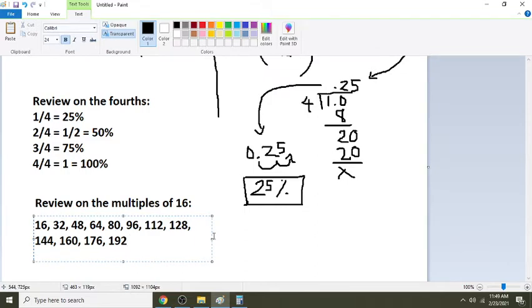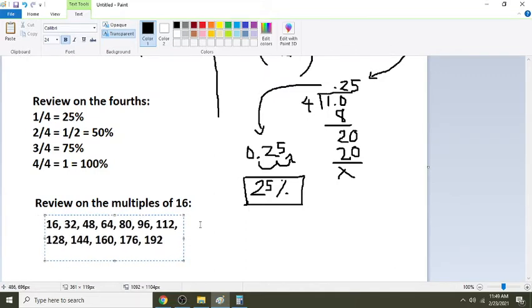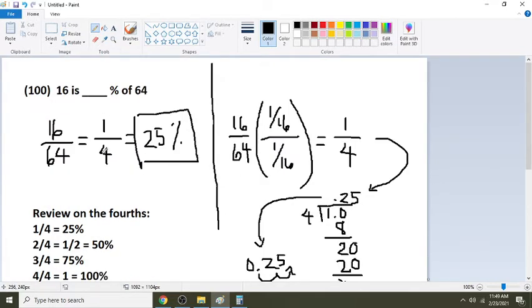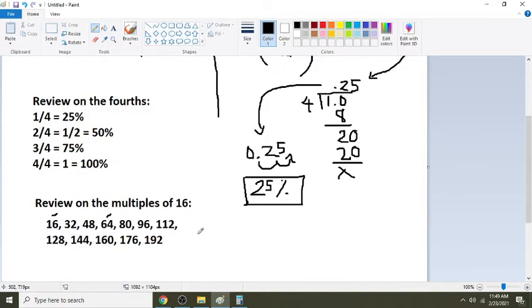Just squeeze it in so you get the fives. Okay, that will be good. So that's how you see it. You get the 16 here, and you get the 64 there. That's a 1/4. 1 over 4, 25%.